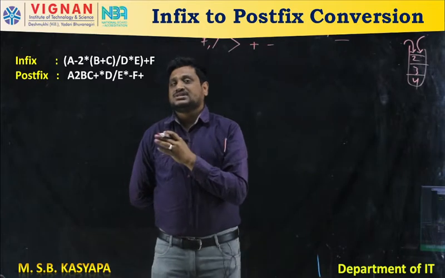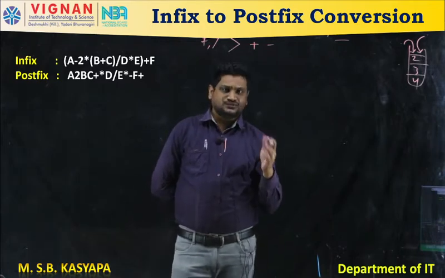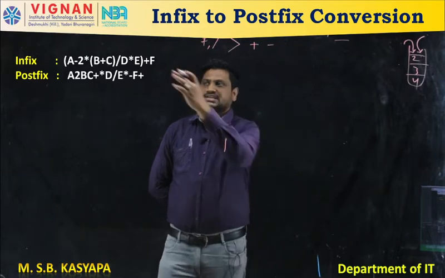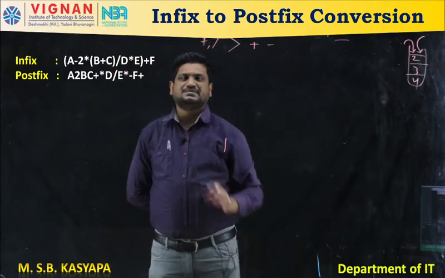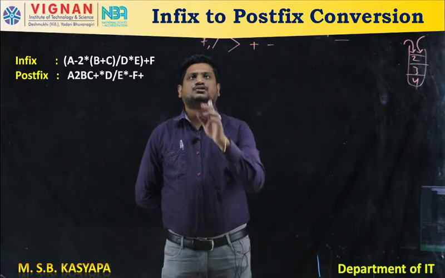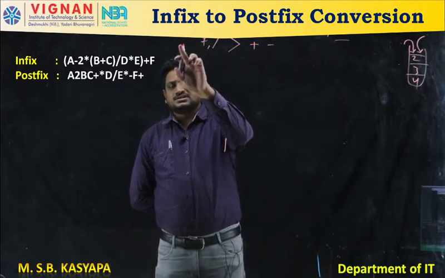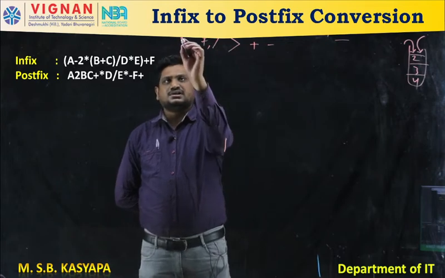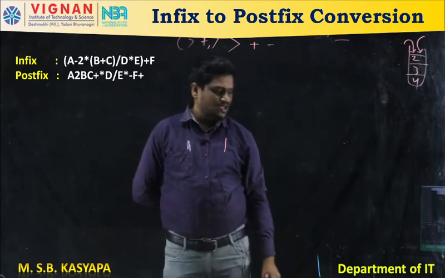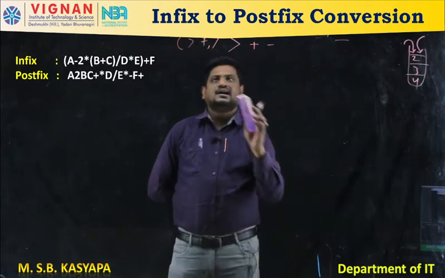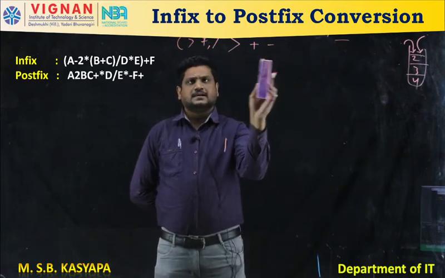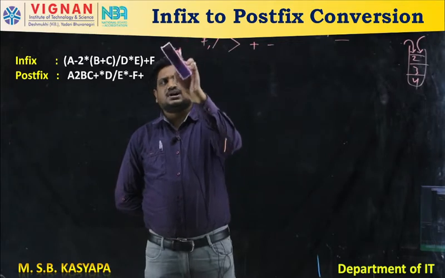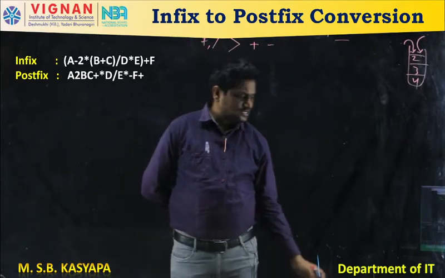While converting from infix to postfix, the brackets which we use in the infix expression will be deleted in the postfix expression. That is why I am not going to use the precedence of the bracket here. If we did, the bracket would always have a higher hand than these operations, am I right? But while converting into a postfix expression, we are not considering the precedence of the bracket.